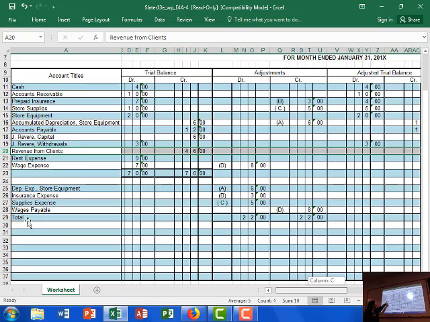Now, here on the income statement, we're not balancing. On the income statement, we're taking what we made, subtracting our expenses, and we made how much money? We made $8. Woohoo! Net income.